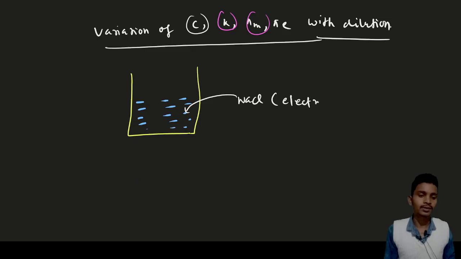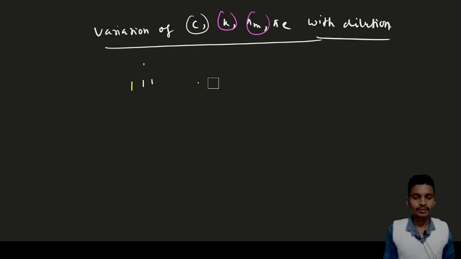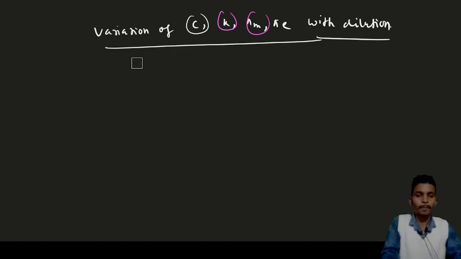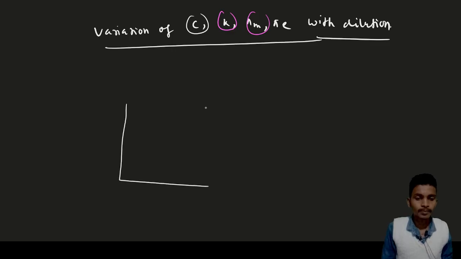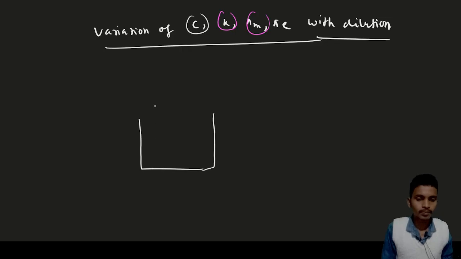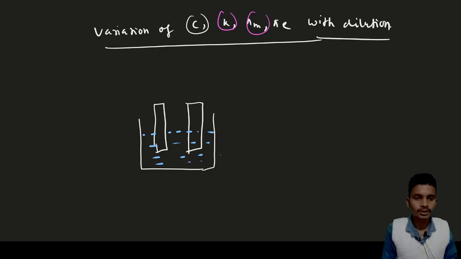This electrolyte is here and I have taken two rods, or I will draw the picture. Let's say the electrolyte is NaCl.